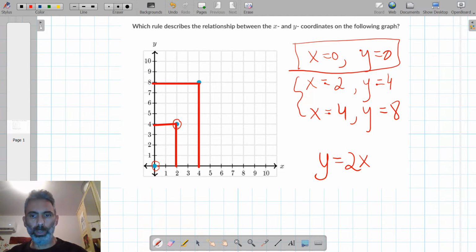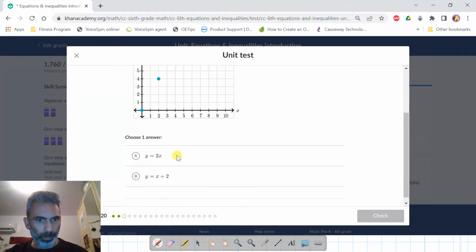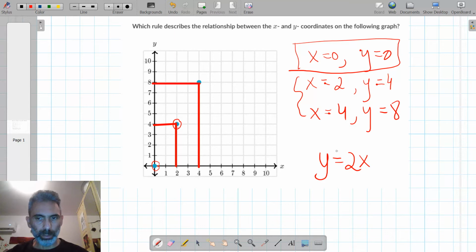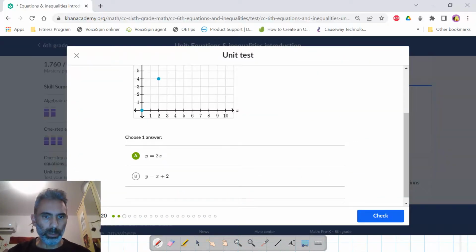Okay, so let's see if we have something. Y equals 2x. Yes, that's our answer.